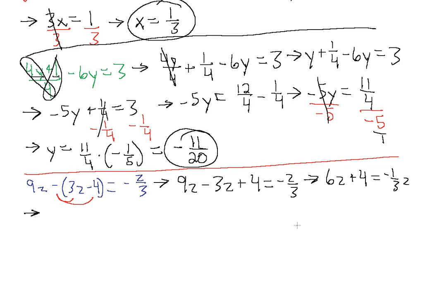Let's go ahead and move our variables to the left and everything else on the right. I like having the variables that we're solving for on the left because it makes things flow a lot simpler for me. So let's go ahead and add a 1/3 z to each side. Plus 1/3 z.